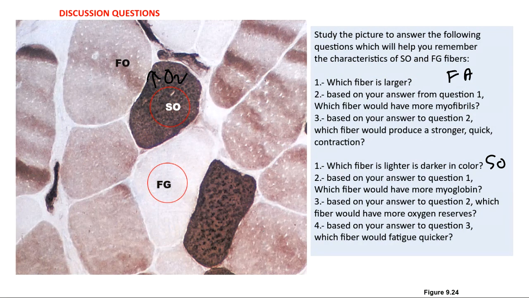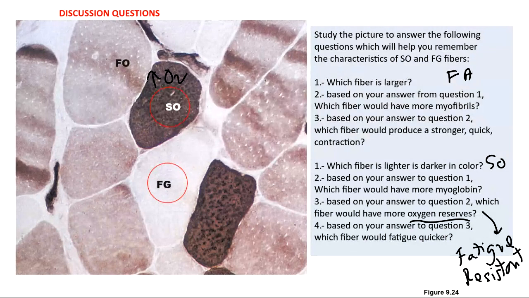That means that they have more oxygen reserves, which means they're going to be fatigue resistant, because they're going to use aerobic respiration to make ATP. They're going to use oxygen to make ATP, which makes them fatigue resistant. They can produce more ATP and work for a longer period of time.